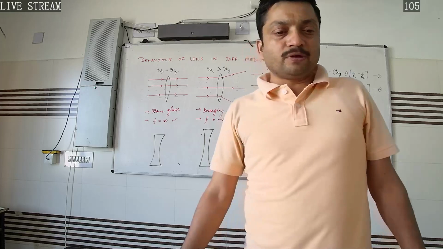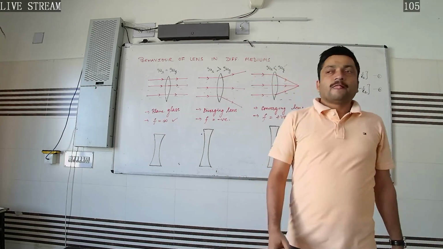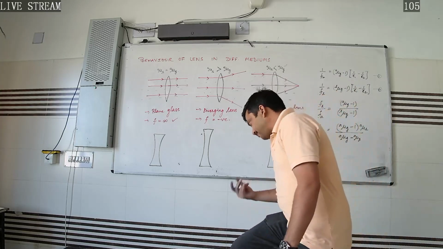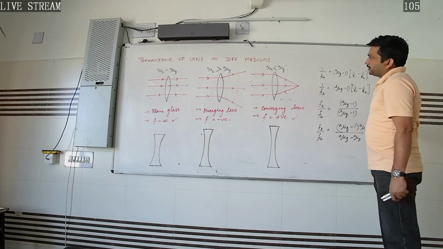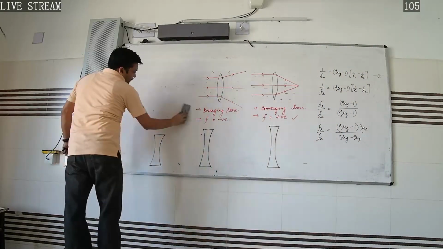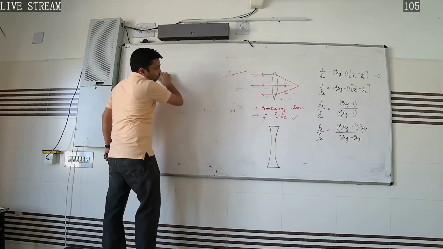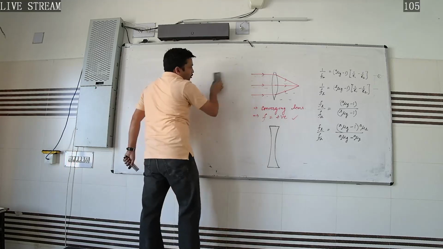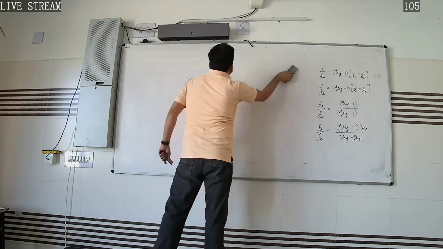Now next we are going to study the relation between refractive index and the wavelength of light. Here I would like to introduce Cauchy's formula.